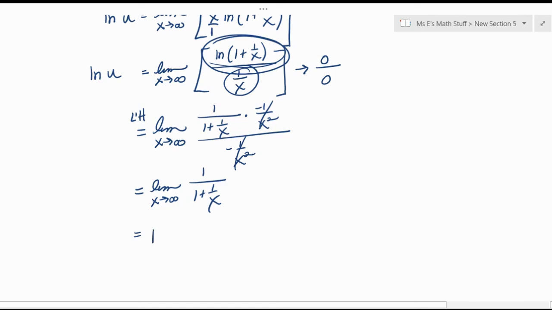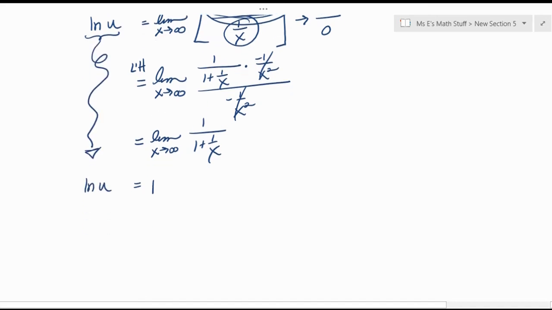Now, I did mention that the answer when we're done was not supposed to be 1. It was supposed to be e. But this is the moment for us to realize that this is equal to the natural log of u. So if we need to solve for u, then we need to transition this into exponential form. So what would you take the natural log of to get 1 to be the answer?